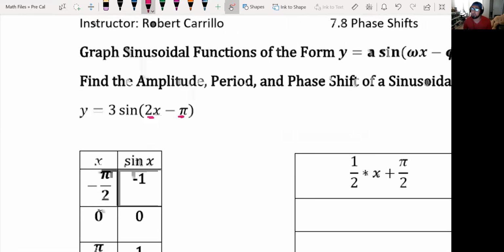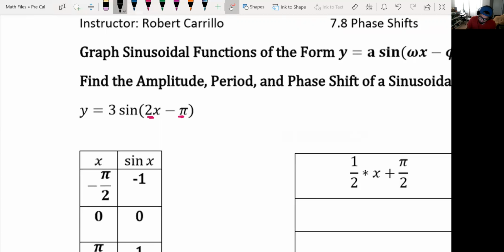And you're like, well, how can you factor the 2 if the pi doesn't have a 2 on it? Well, just remember that everything is factorable. We can manipulate it in such a way that you'll see this actually makes sense.